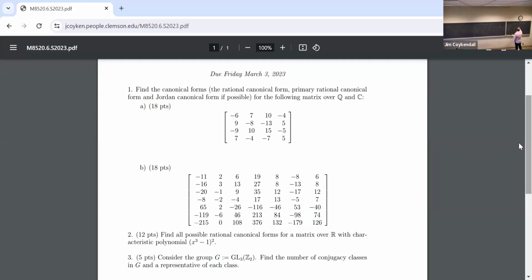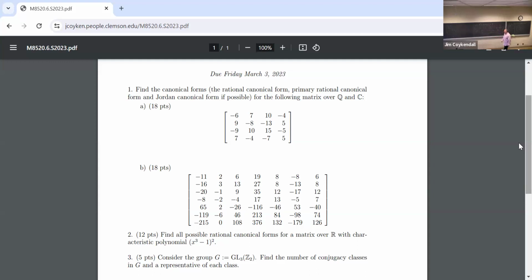And so I get 0 1 and 1 0. So it looks to me like all of these, this one and this one, these three are all conjugate, 3 elements. And what about this last one?